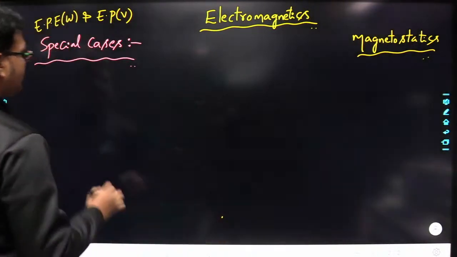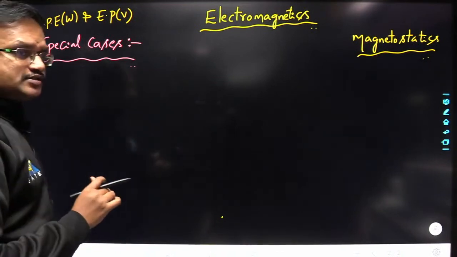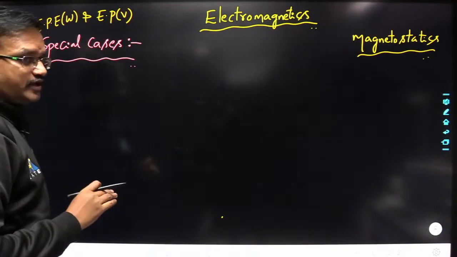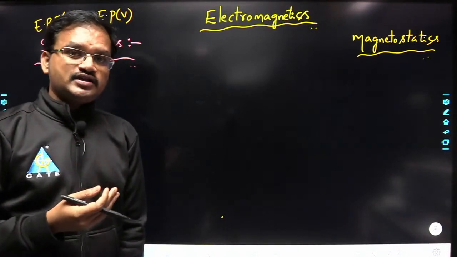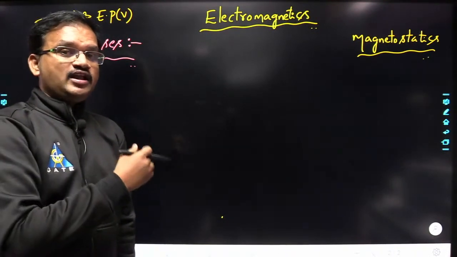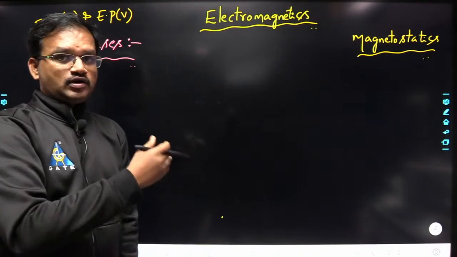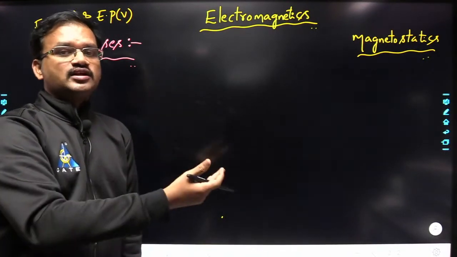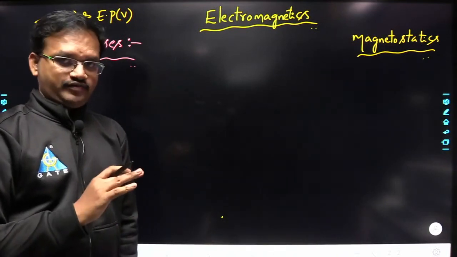In general, whenever we are dealing with electrostatic potential and electrostatic potential energy, we have considered that the potential at any point is defined with respect to some other reference point, and in general that reference point we consider as infinity, yes or no?